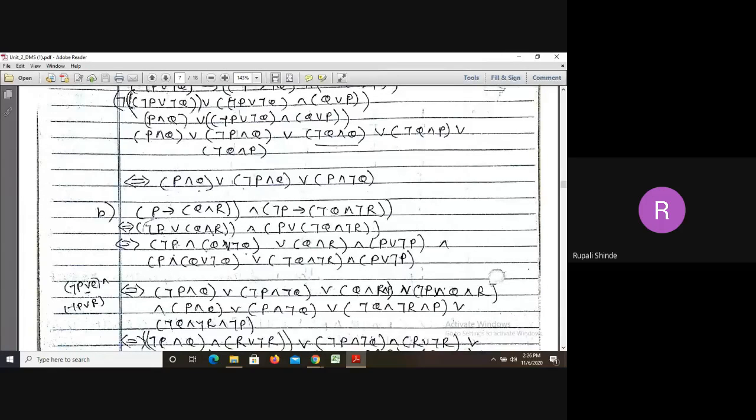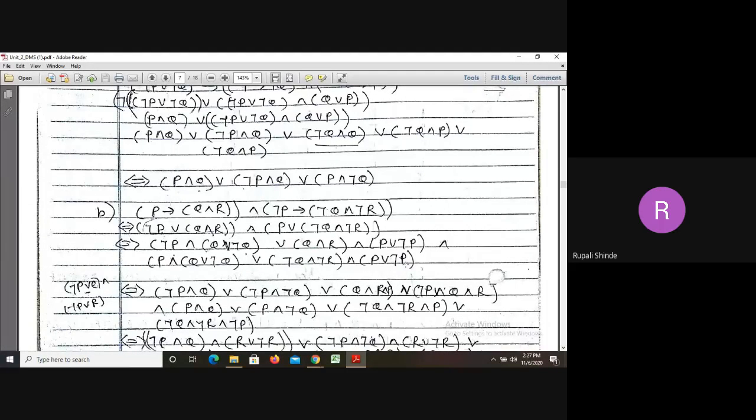Now here, for this negation P, one term is there, P, and for this P, Q is missing, so we can add it as negation P and Q, or negation Q. Now for the second term, Q and R, P is missing, so we have added it as and P, or negation P. And for this P, Q is missing, that is added as and Q, or negation Q. And for the last term, P is missing, that is added as negation Q and negation R and P, or negation Q.